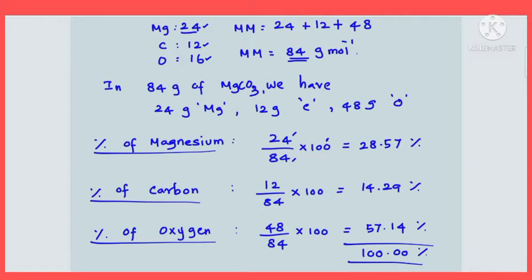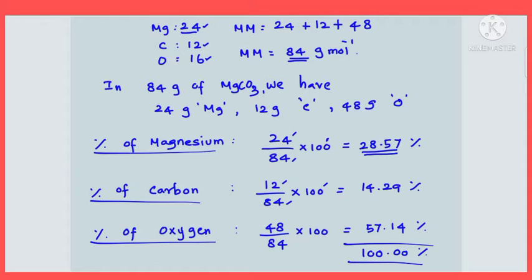If we calculate for 100 gram, then it is nothing but the percentage of magnesium. So we get about 28.57% of magnesium present in magnesium carbonate. That is, in magnesium carbonate, the mass of magnesium itself is about 28.57%.